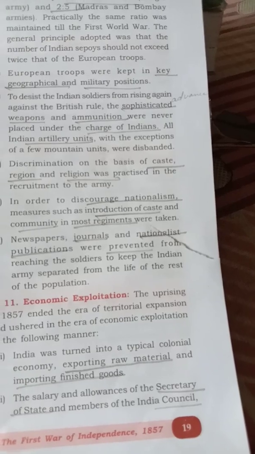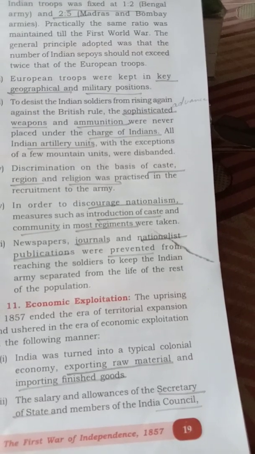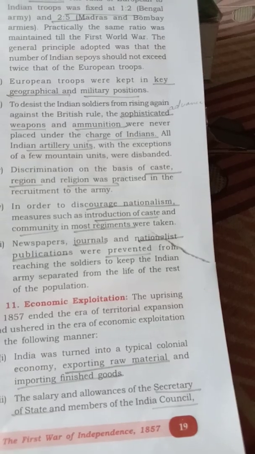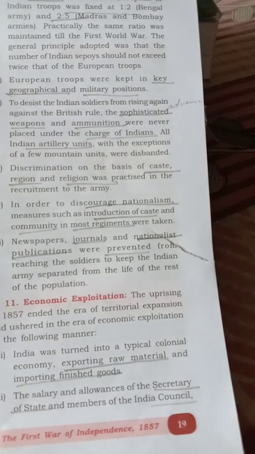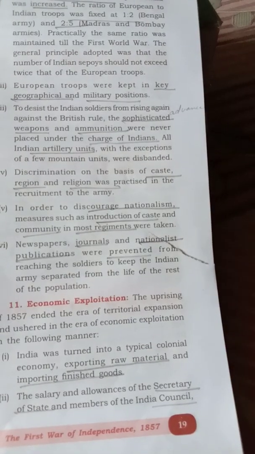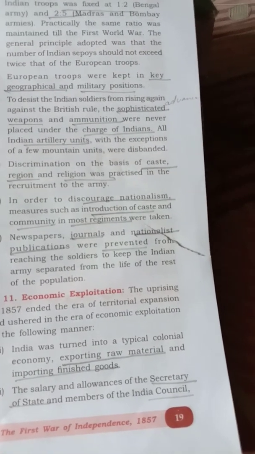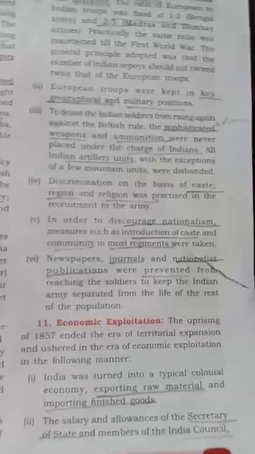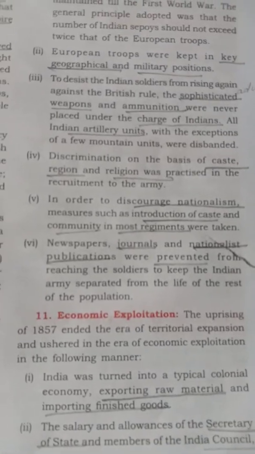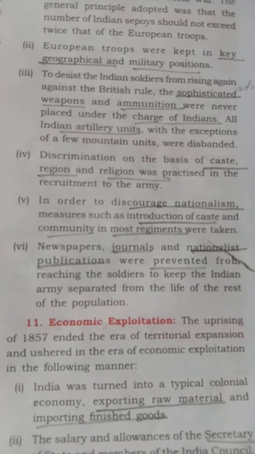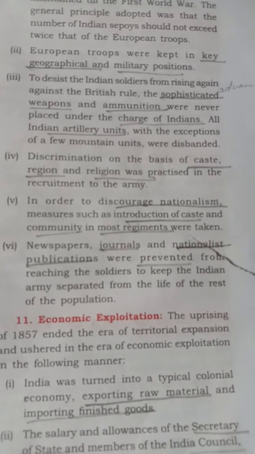In order to stop Indian soldiers from going against the British at any time in the future, the Indian soldiers were not given the highly advanced weapons, or put in charge of high technological weapons.